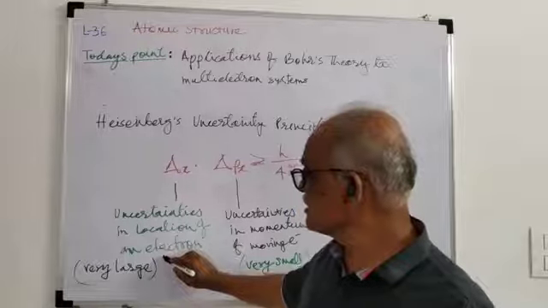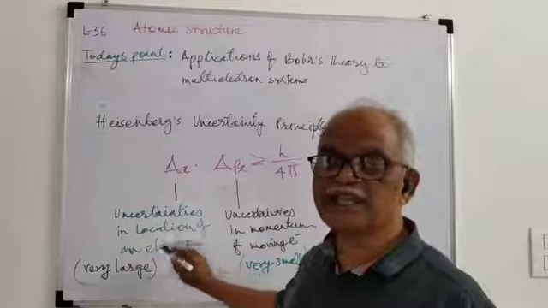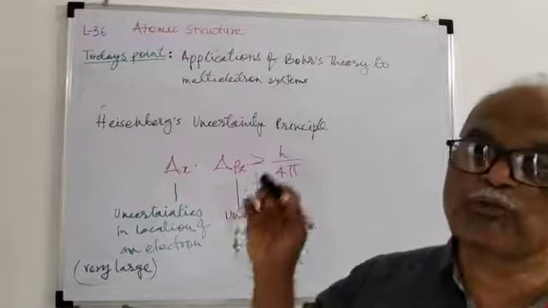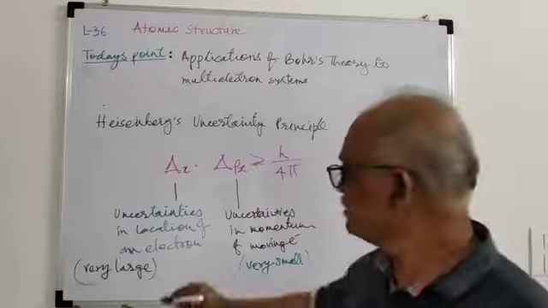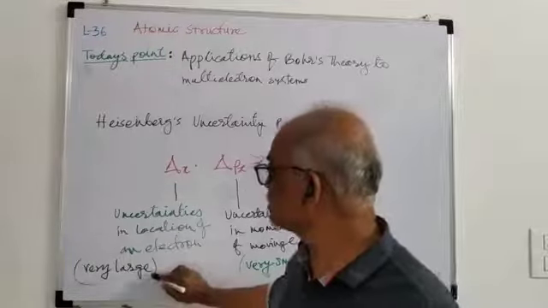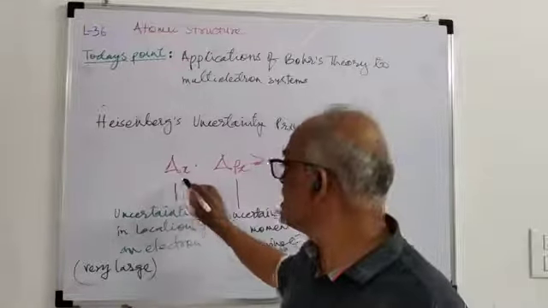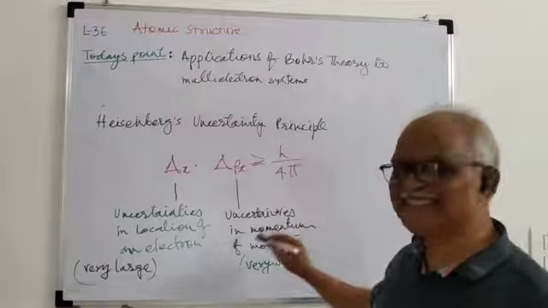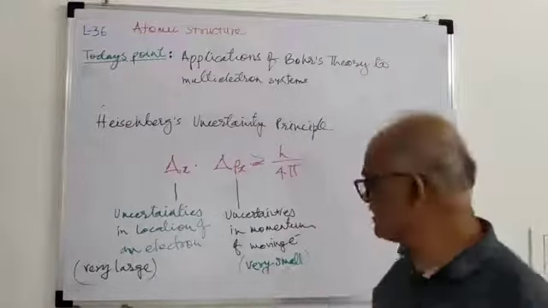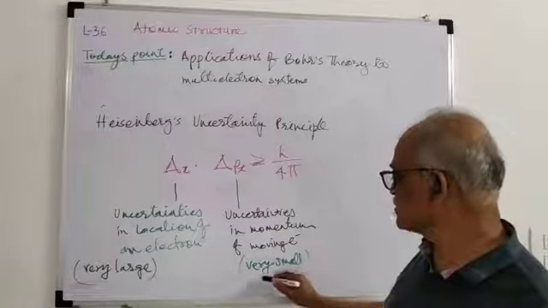So what does this uncertainty indicate? It indicates that it is very difficult to detect or define the exact position of the electron around the nucleus in a specific orbit. But at the same time, it is more precise to determine the momentum of the moving electron.